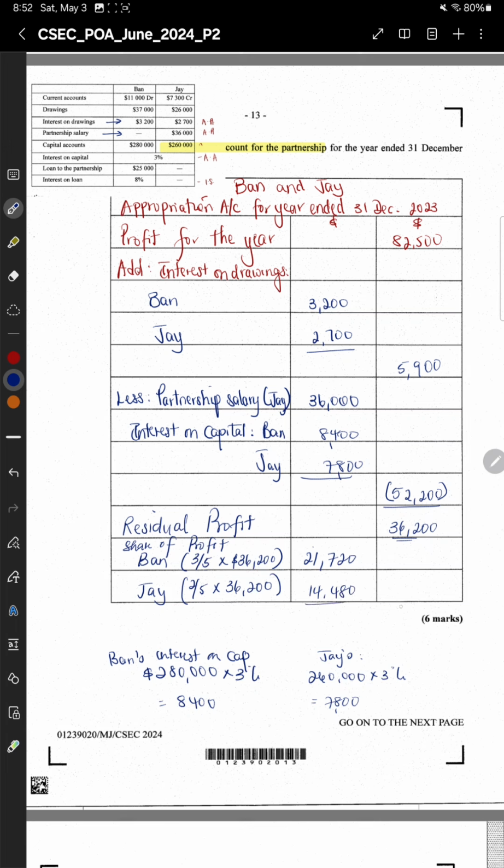If you add this up, you're supposed to get back 36,200. And that's it for the appropriation account.